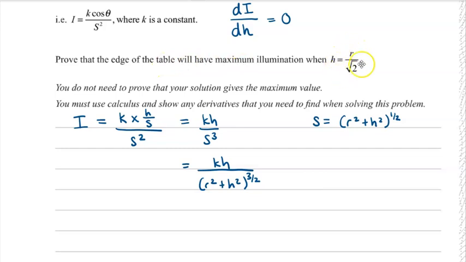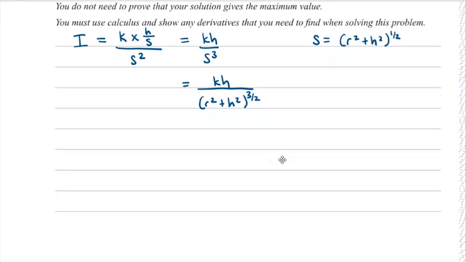Now what we're trying to prove is this at the end. The fact that it contains h and r in there gives us a bit of a clue that it's okay to have h's and r's in this. So let's carry on with our differentiating now. If we do dI by dh, differentiating this with respect to h, we've got a fairly complicated quotient rule happening.